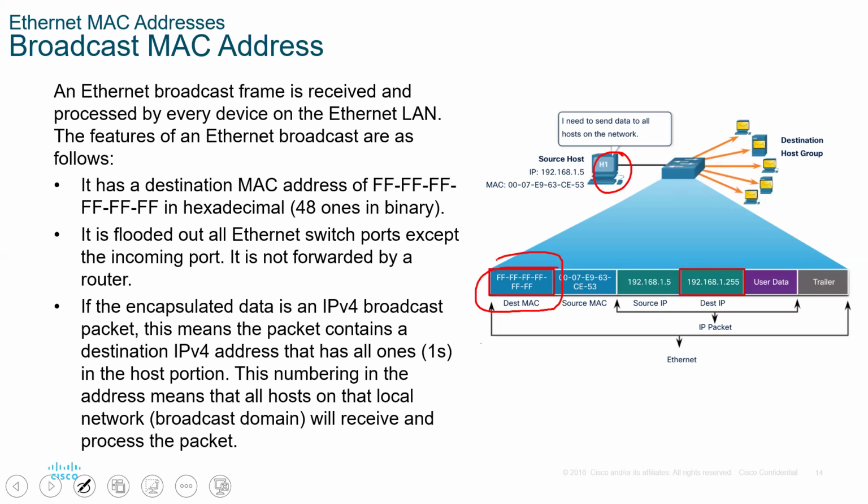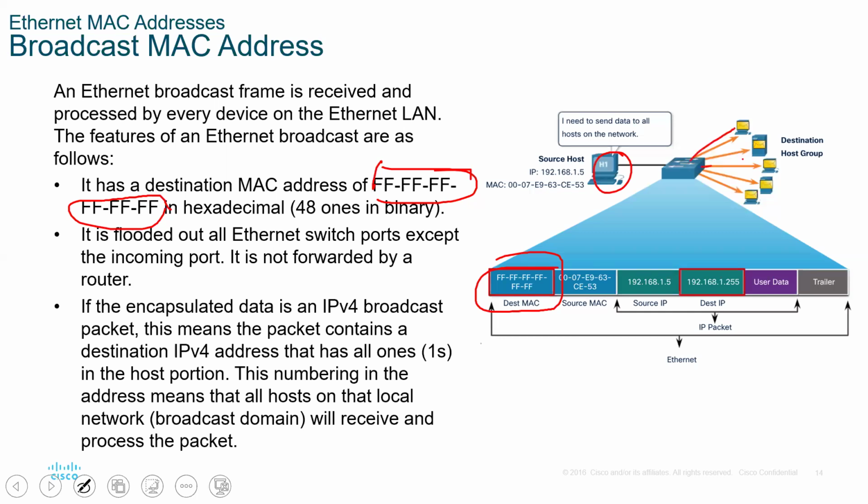So because of that, there is always a broadcast address. Once you see FFFFFFFFFFFF, all the fields are F, that is a broadcast address. Okay, so it is flooded out all the Ethernet ports except the port that the traffic is coming in.